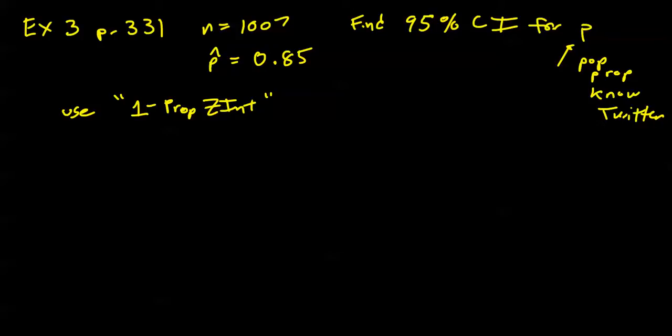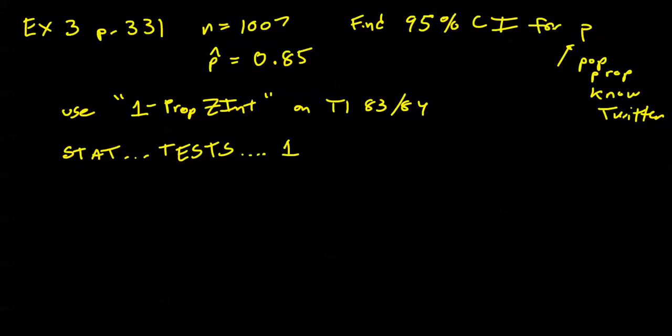Use 1-PropZInt, not ZTest, ZInt, on the TI 83 or 84. All right, how do we get there? Well, get your calculator out, make sure your home screen is clear, and press the stat button, and then you'll see a tests menu under that stat button, and then you'll have to scroll and select this command, 1-PropZInt.